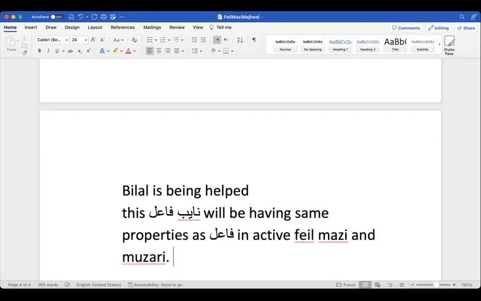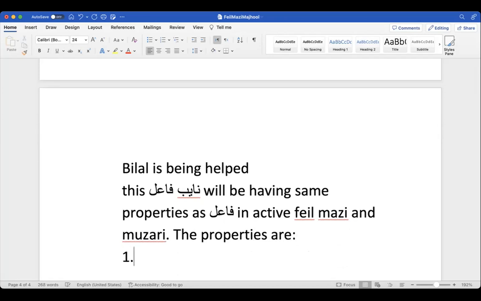So what are those properties? Number one, it will be followed by fail mazi majhool or fail muzari majhool.